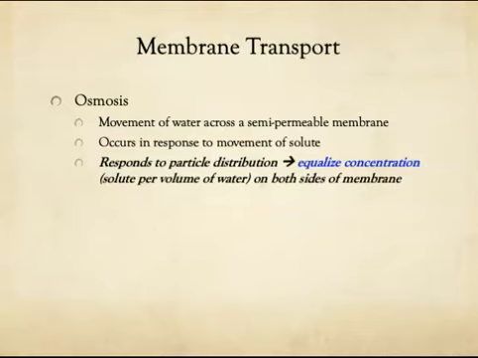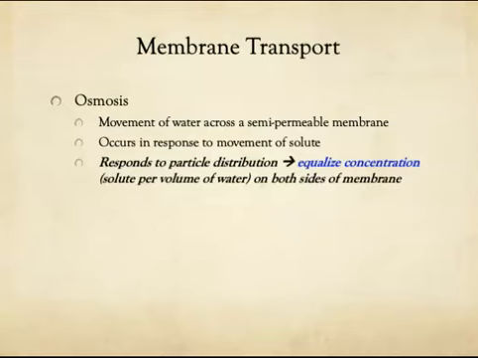The reason that we separate out the behavior of water is because we can't talk about water in simple diffusion terms, because we can't talk about a concentration gradient for water. We can only talk about a concentration gradient for the solute, for the dissolved particle.